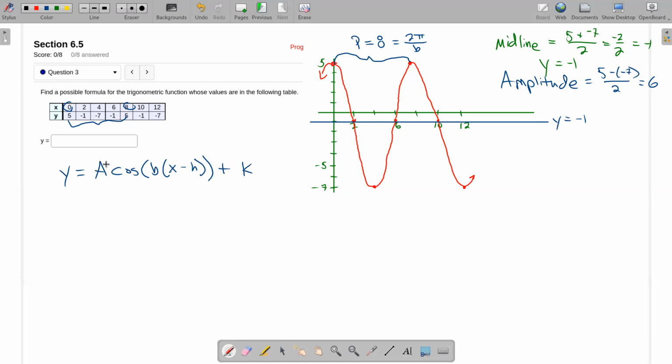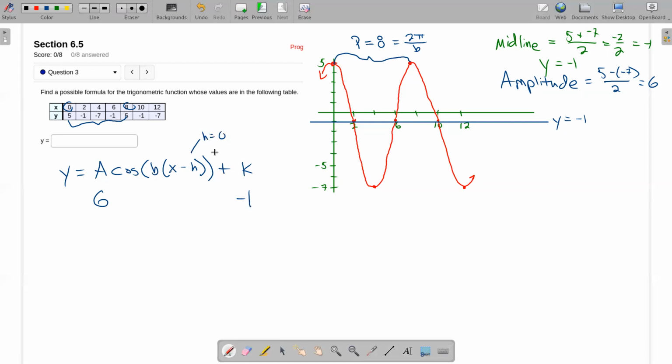And we've just determined that A is the amplitude, that is 6. We need to calculate B up there. And then we have our K here, our midline is -1. And since I'm choosing cosine, there is no shift because cosine starts here. If I pick sine, then I would have to do a horizontal shift too. So since I'm choosing cosine, I know that h is equal to 0.